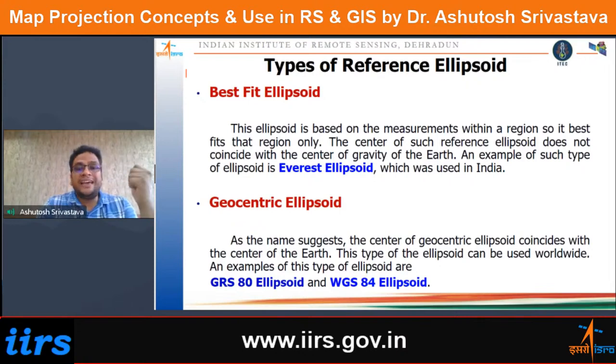Best fit ellipsoid, what happened in earlier times. Today we have GPS, the Global Positioning System. We have the VLBI technique, Very Long Baseline Interferometry, which is another measurement technique. We also have lunar laser ranging and other techniques in today's time, by which we can determine a more precise ellipsoid.